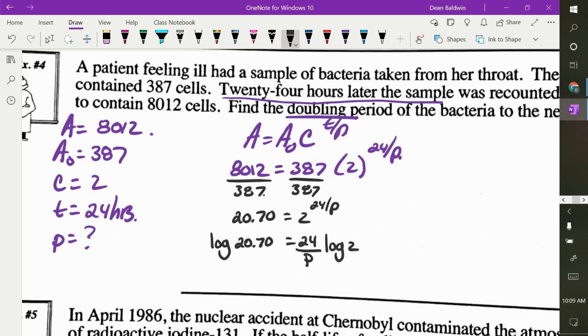You can do natural log if you want. It'll give you the same answer. I'm trying to solve for P. How do I get P by itself? Multiply it up here, and then divide by log 20.7.